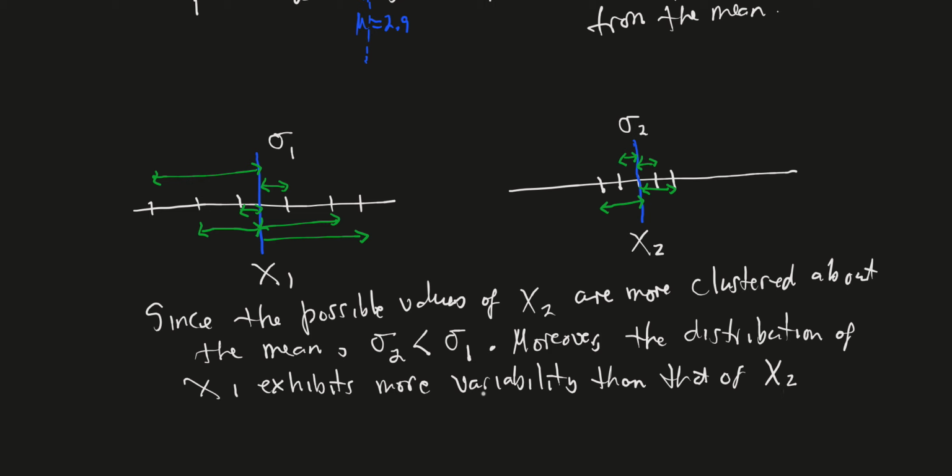Probability gives you a measure of the variability of just one random variable. But if you want to compare several random variables to say, hey, this one seems to be more variable than the other one, then we would use a measure like the standard deviation. There are other measures you can use as well, but the standard deviation is one of the standard ones.